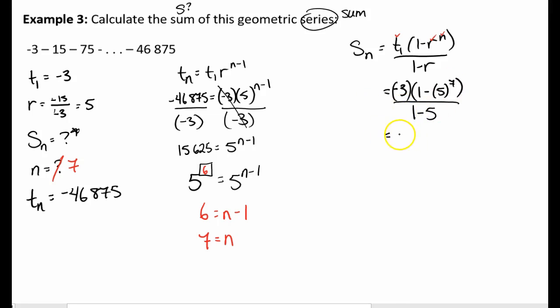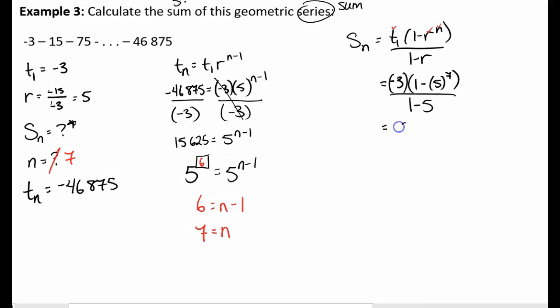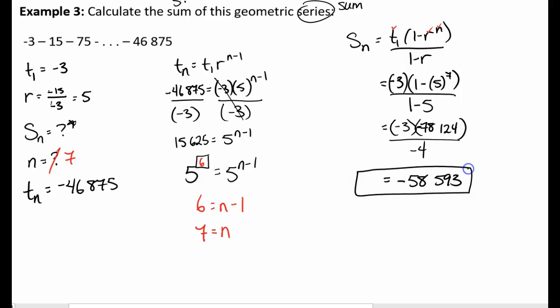So I'm going to simplify this a little bit, and I get negative 78,124. I'm going to multiply that by -3 and then divide by -4, and so I'm going to end up with negative 58,593. So that is going to be the sum of my 7 terms.